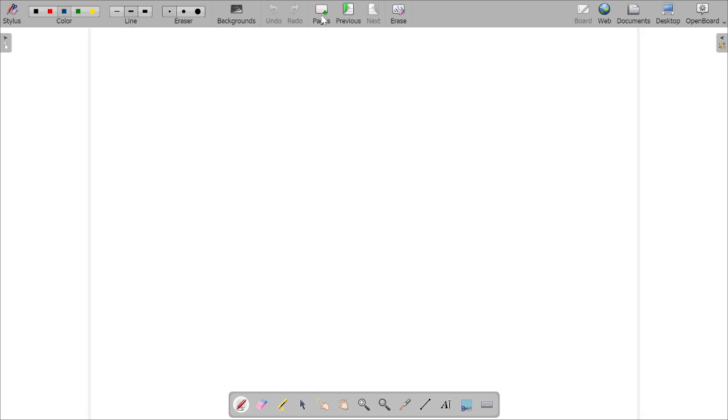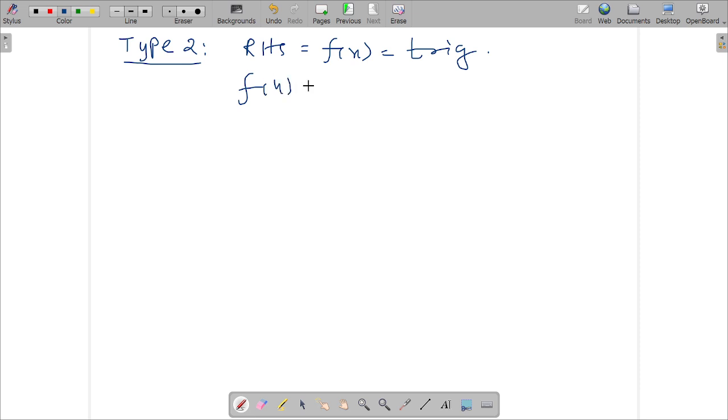Then we go for the second type, type 2. Type 2 is when the right hand side f of x is trigonometric, that is, f of x equals sin ax or cos ax.